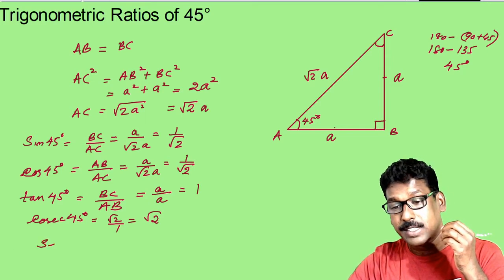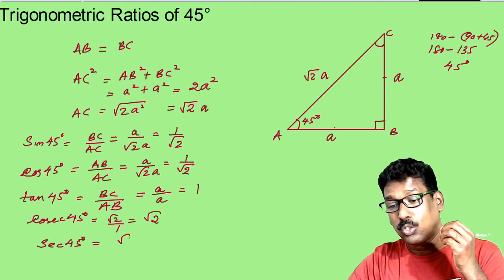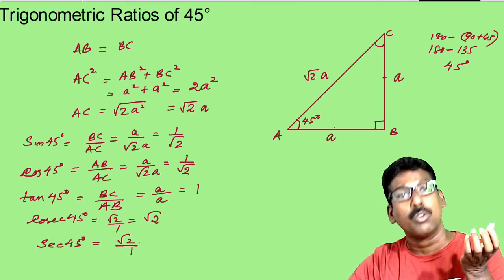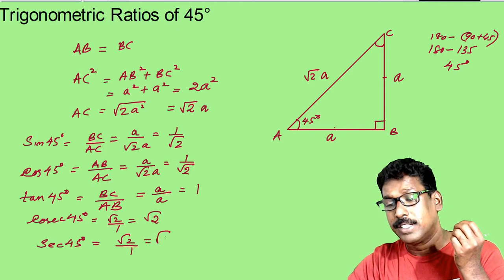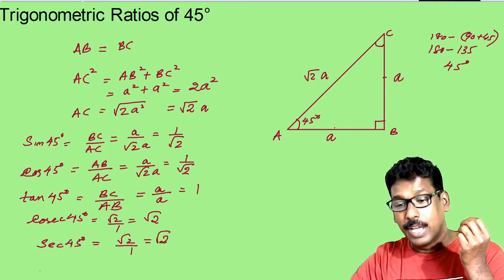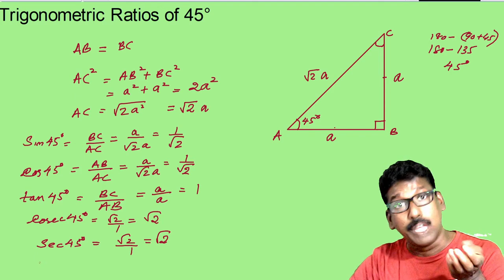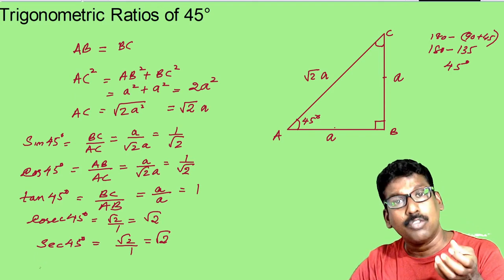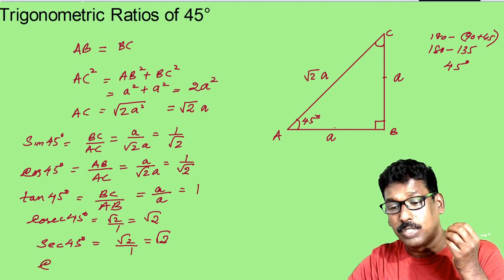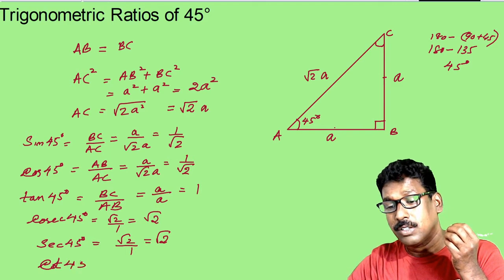It is sec 45, and sec 45 you can write it as root 2 by 1. Reciprocal of cos 45, again it is root 2. And what is the reciprocal of tan 45? Reciprocal of tan 45 is cot 45, and reciprocal of 1, which is equal to 1.